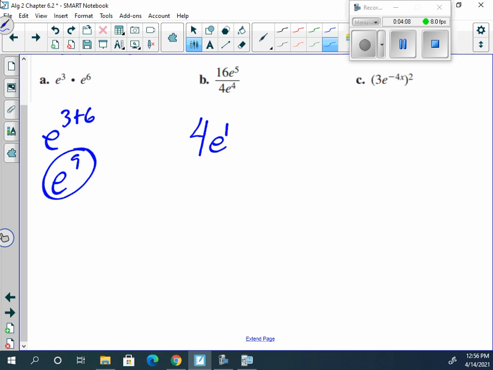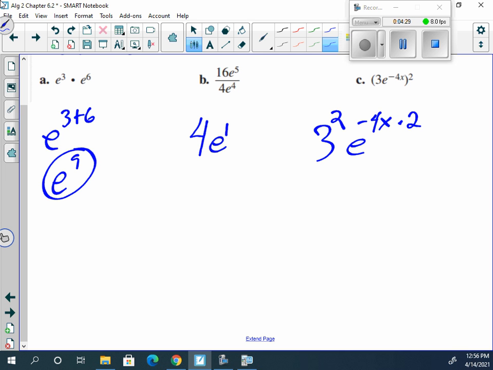3 times e to the negative 4x, to the second power. So we're squaring everything, yes? So we're going to square the 3. So we'd have 3 squared, e to the negative 4x, and powers of powers multiply.